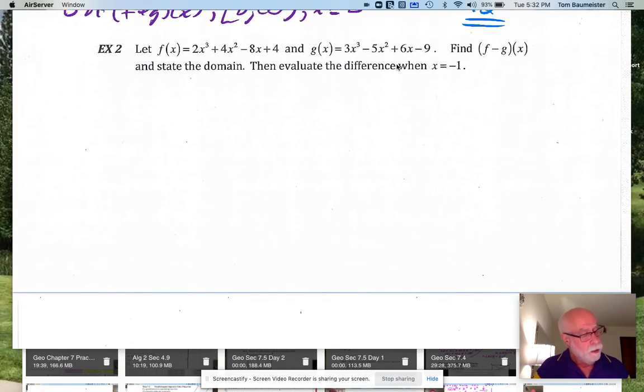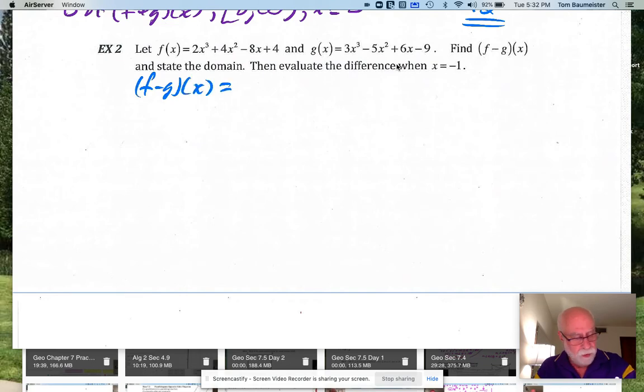Example 2. Let f of x equal 2x cubed plus 4x squared minus 8x plus 4, and g of x equal 3x cubed minus 5x squared plus 6x minus 9. Find f minus g of x and state the domain, then evaluate the difference when x is equal to negative 1. So we're going to do the same thing as we just did up above. They're asking us to find f minus g of x.